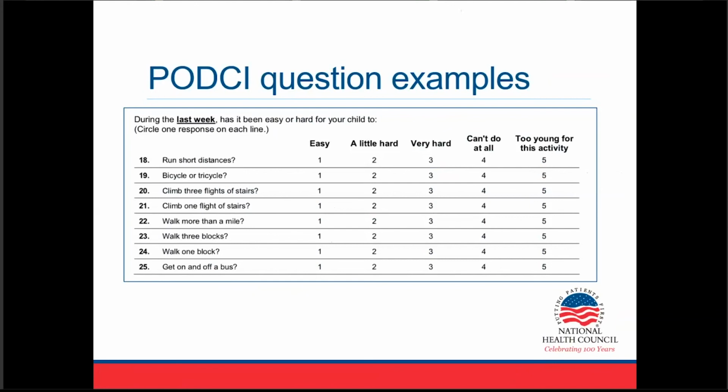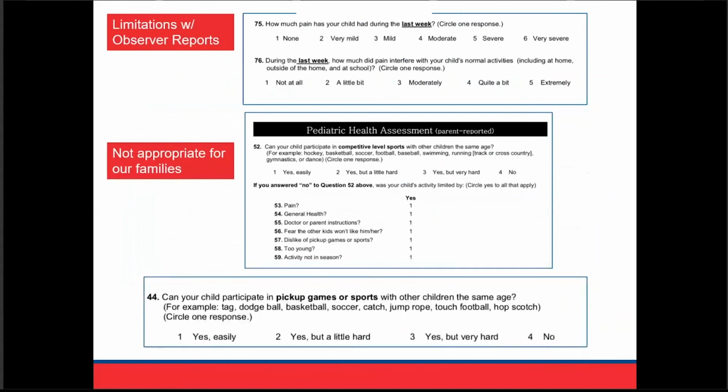And the next slide. But it's important to note that there are limitations with some of these instruments that are currently being used. For us, we saw that it is difficult for an observer to report on level of pain. That's one example where they're not necessarily the child themselves, so they're not provided with the right information to answer this type of question.